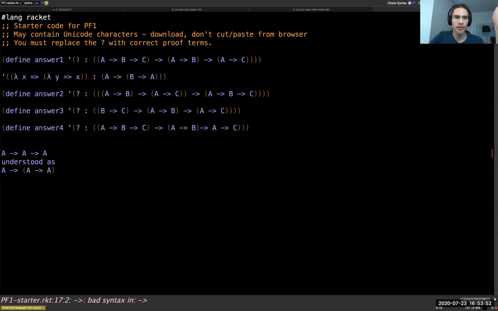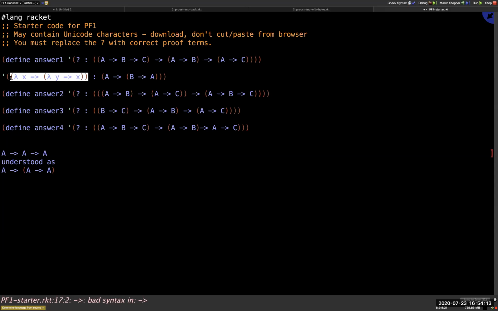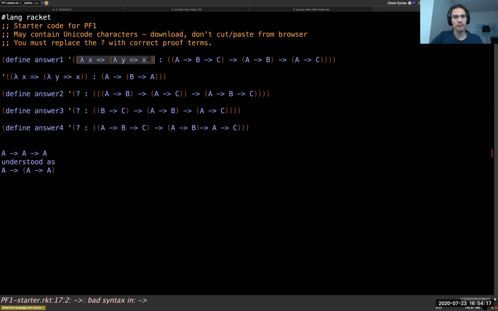The quoted list has a question mark here, and then it has the type that you're trying to have a term of. You're trying to produce a term of this type. So if this was your output, and this was indeed the question that you had, you'd take what is to the left of this colon inside the enclosing parentheses, and you'd replace the question mark with that.